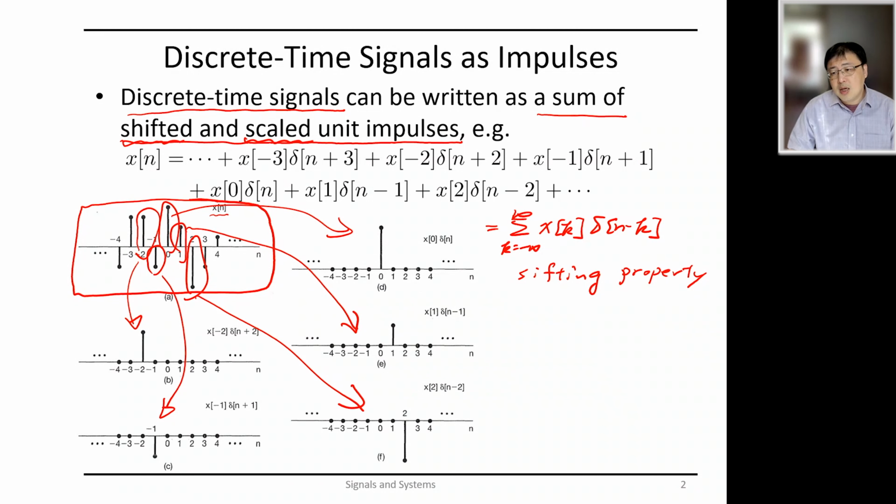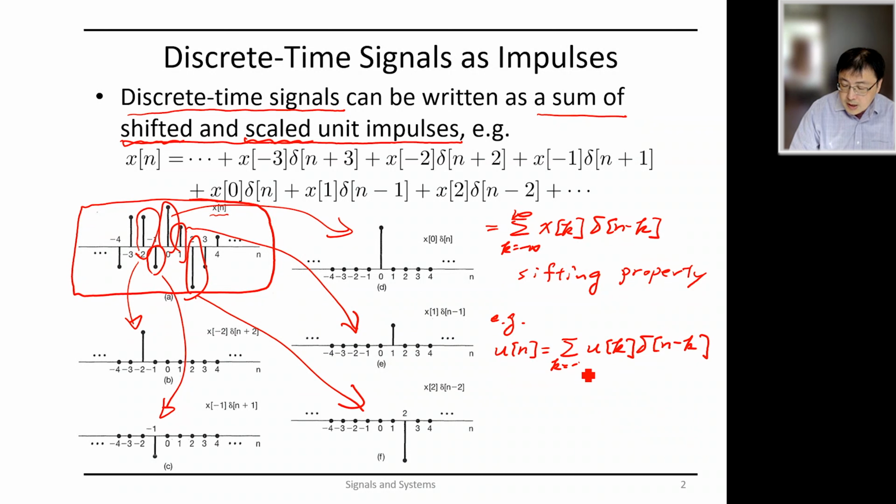We actually used this property before, if you recall in chapter 1, when we looked at the unit step function. Suppose that you substitute the unit step function as the signal x here, then u[n] should be equal to the summation of u[k] delta of n minus k, k from minus infinity to infinity.